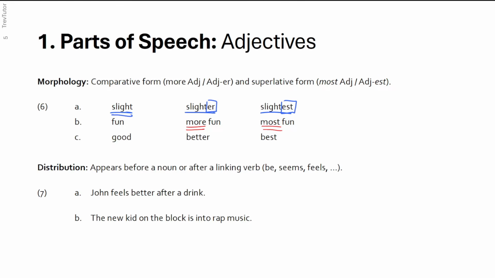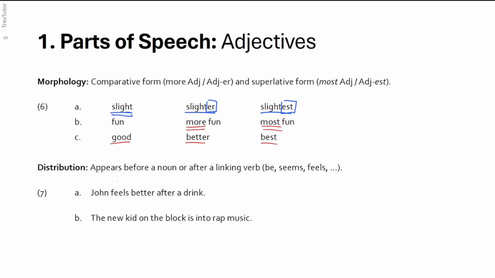Then we have a case of irregular adjectives, so good, better, and best. These all form that same paradigm. We don't say good, gooder, and goodest, but if you said that, people would understand. We just have different forms for better and best. So specifically, adjectives are going to occur either right before a noun or after a linking verb like was or feels.